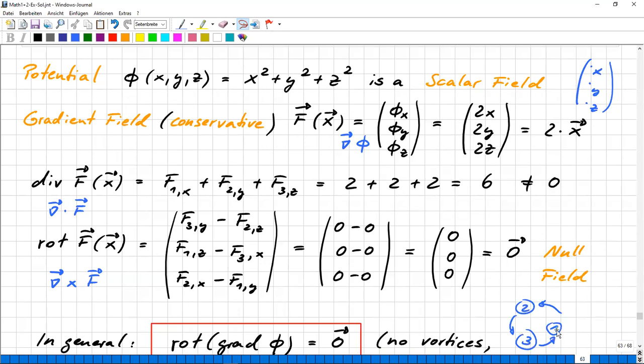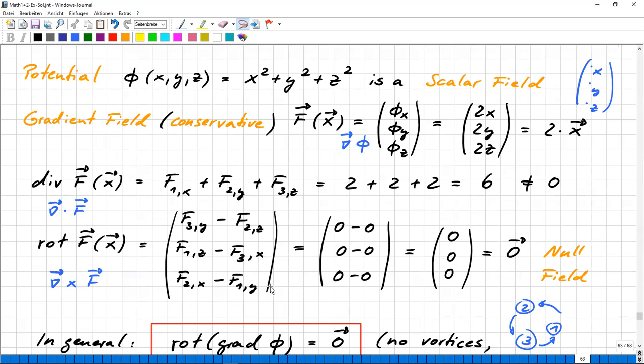In other words, third of nabla times first of f. So f1 is differentiated partially for z. Z corresponds to the third component of nabla. That's my way of remembering it. Then always minus vice versa. So if I get f1 comma z, next is, you could say 1, 3, and then I get 3, 1 here. So f3 differentiated for x.